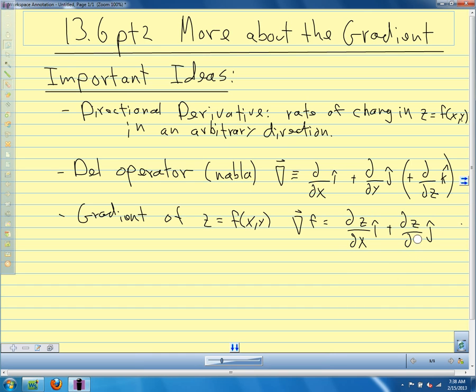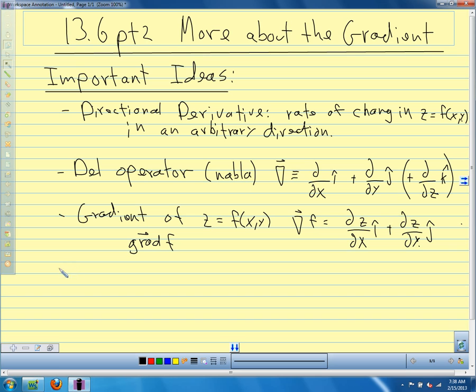Why did I write two z's here? I was thinking if there was a z, we'd have a d/dz. So this is our gradient, and you'll also sometimes see it in an older notation, written as grad f. Del f and grad f mean the same thing.